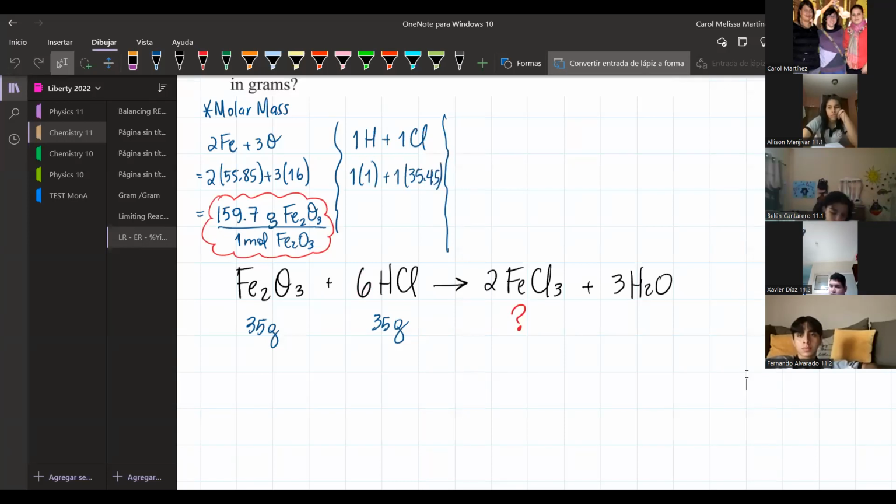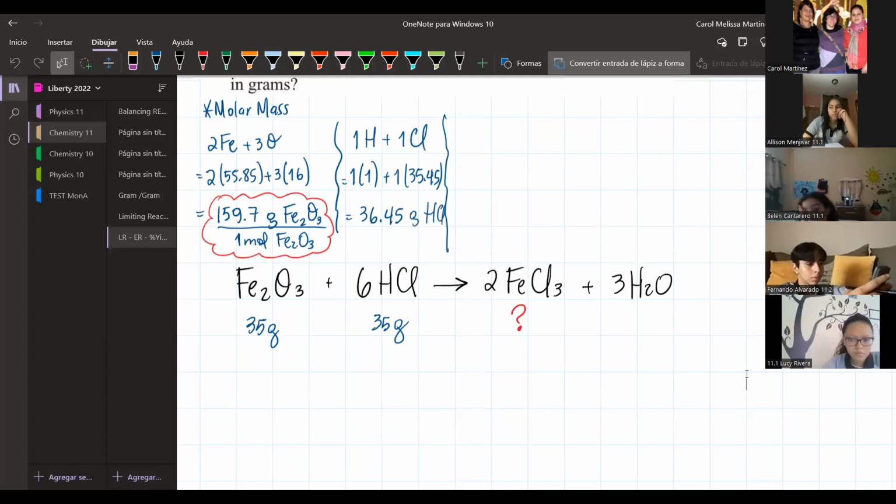How much is this? Guys, remember that all the molar masses are written over 1 mole. Do not forget.